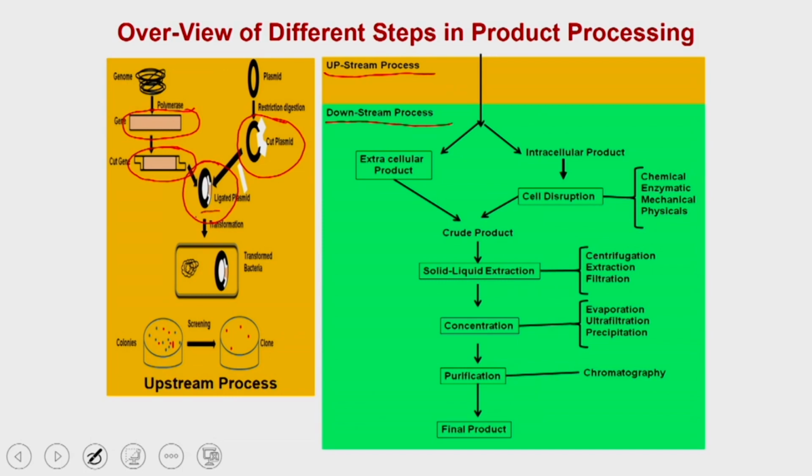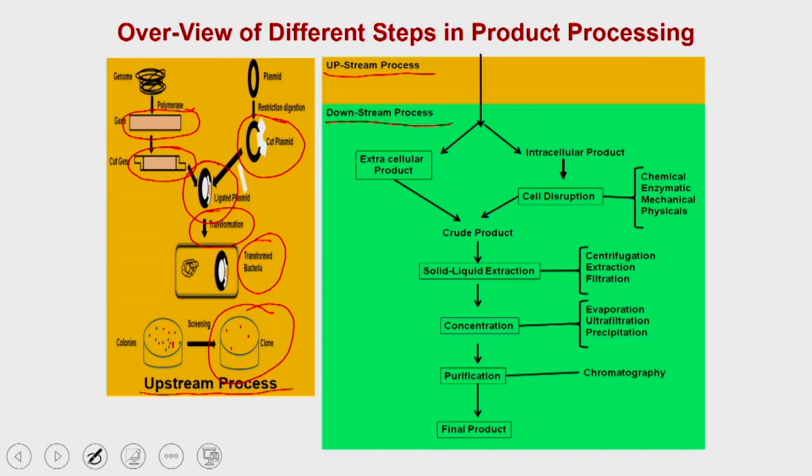Then we are putting this recombinant clone into the bacteria and generating genetically modified organisms. Then we were screening these organisms to know the desired organisms with the desired features. And all these processes what we have discussed so far are considered to be upstream processes.